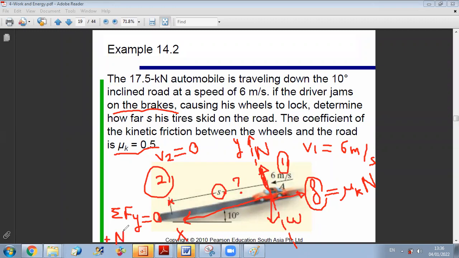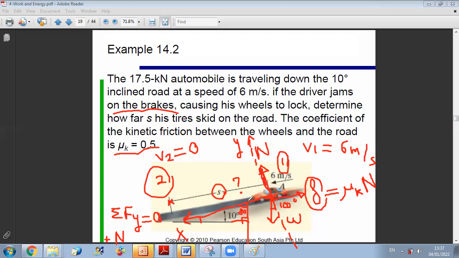For your weight, the weight makes with y an angle of 10 degrees. Why? Because the weight is vertical, so it's making 90 degrees with the horizontal. And since the angle between the incline and the horizontal is 10, the angle between the weight and the incline is 80.